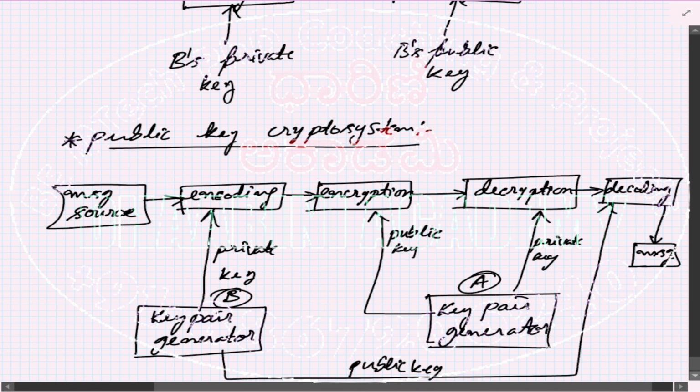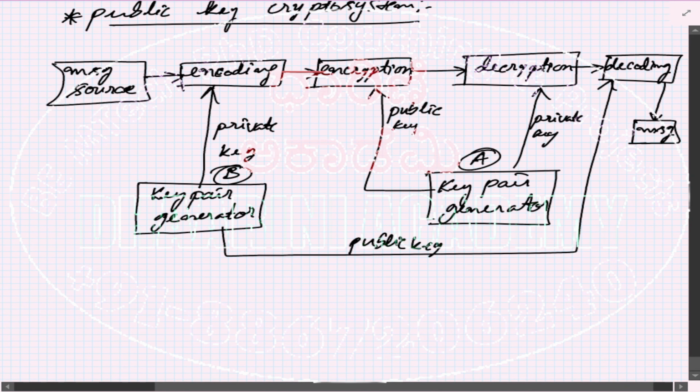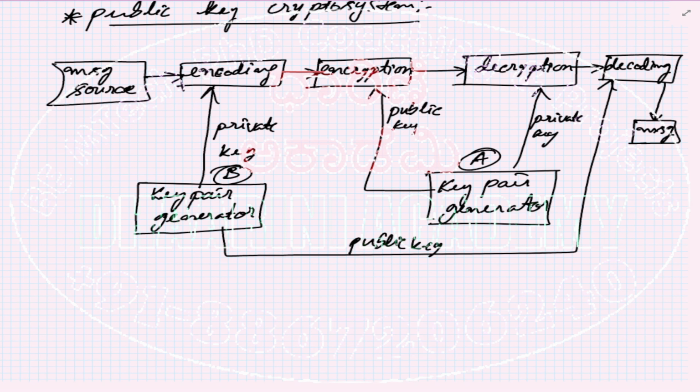So the basic idea is that the ECC which we are studying now is a specific type called public key crypto systems. It uses encoding, encryption, decryption and decoding. All the process will be included in this.